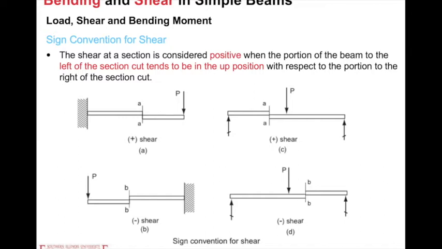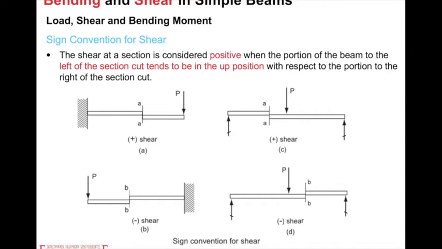So first let's look at the shear diagram. The shear at each cross section, the section cut, is considered positive when the portion on the left side of the section cut tends to be in the upper position compared to the portion on the right side. For example, look at the first one.